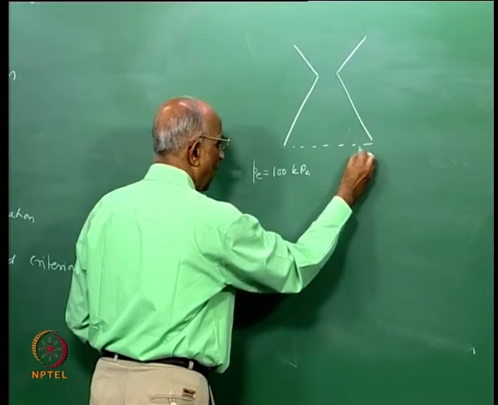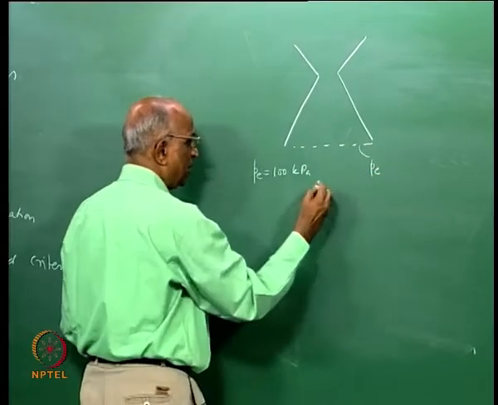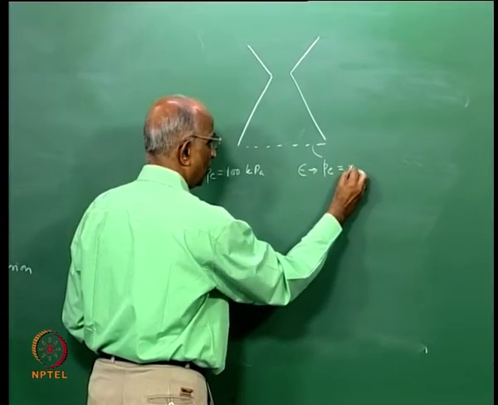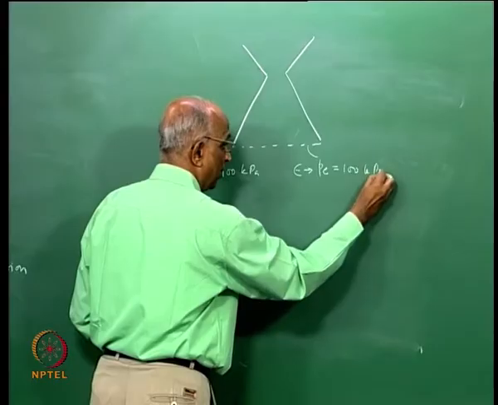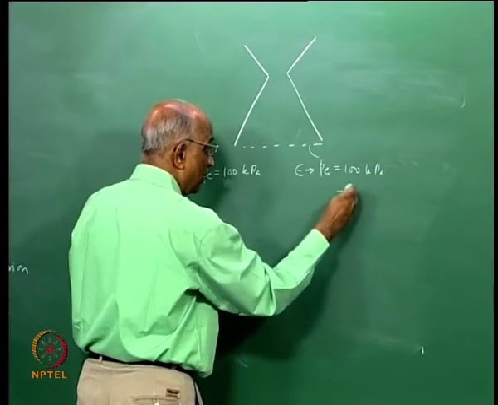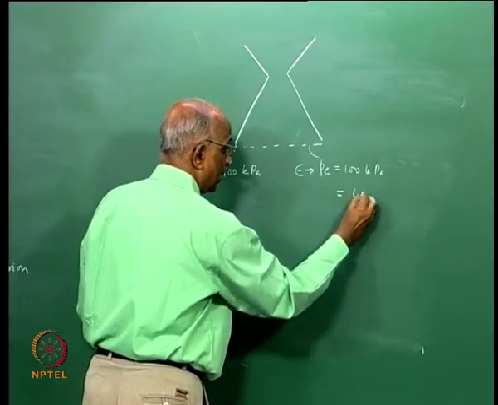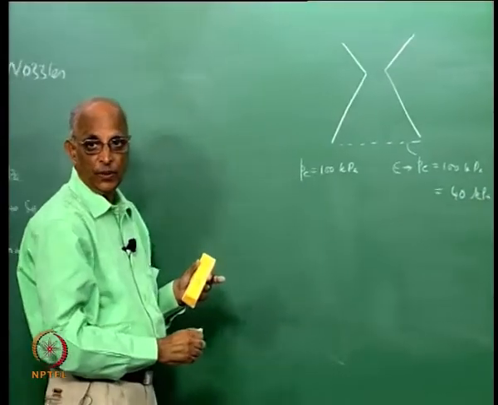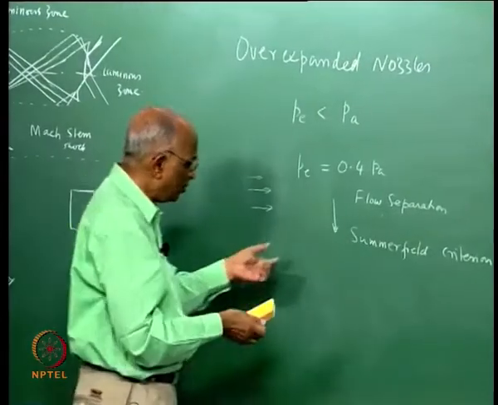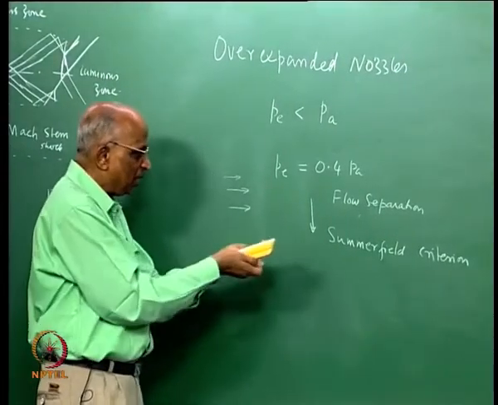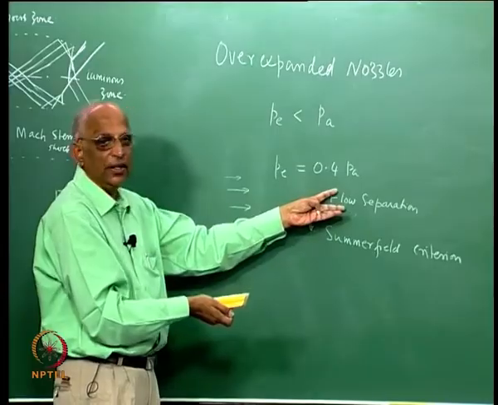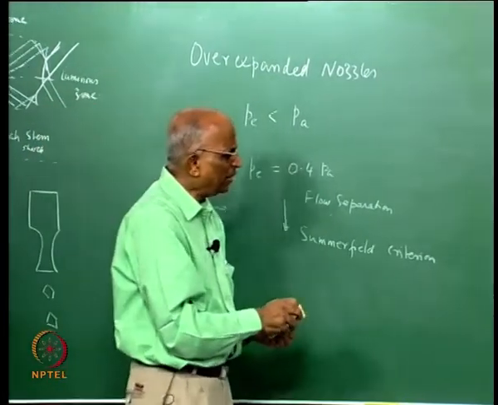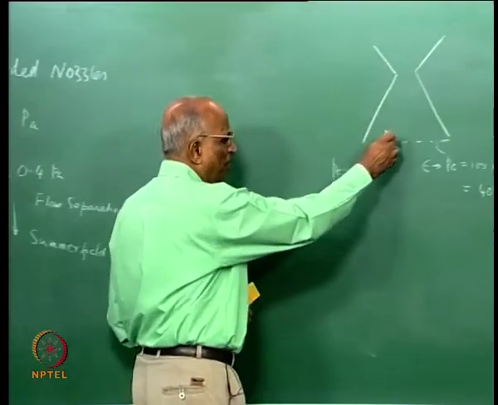Then I do not need to have the area ratio such that the exit pressure is equal to 100 kPa. I can give a much larger nozzle such that the exit pressure is as low as 40 kPa, and this is based on experiments because you find that the inertial force helps to delay the flow separation process.